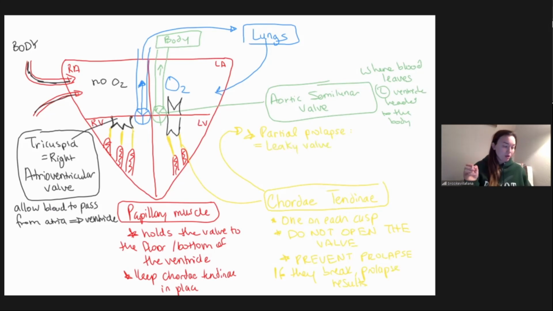If you have a partial prolapse or a leaky valve, this is when one chordae tendineae breaks. This is audible, so you can hear this as a murmur. So we're going to put murmur. Okay, on your test, it sounds like a murmur.